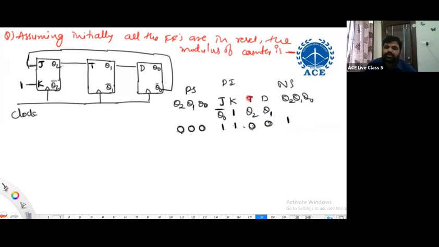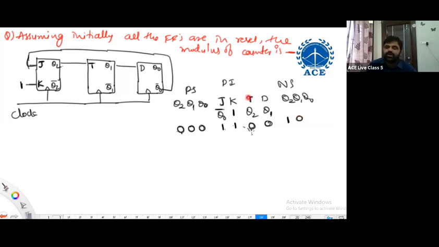Toggle flip-flop T input 0. T input is 0 means next state is present state only. T equals 1 means next state is complement of present. When T equals 0, Q1 presently 0, next also same, which is 0 only.